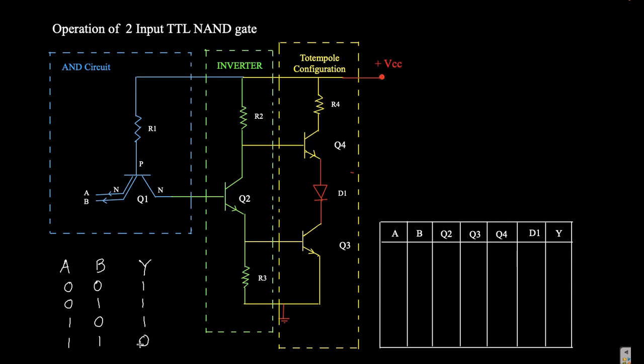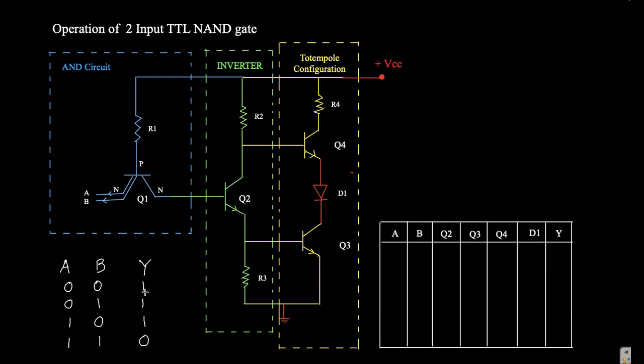It means that only when all the inputs are active high do we get 0, and in the other three cases the output is 1. So when the inputs are high, the output is low, and when any one of the inputs is low, the output is high.